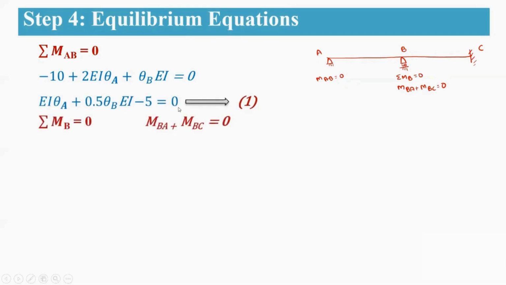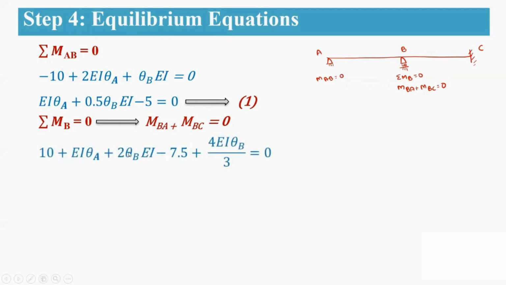And similarly, the moment at joint B, the summation will be equal to 0. So that means MBA plus MBC will be equal to 0. Therefore, this is 10 plus EI into theta A plus 2 theta B into EI minus 7.5 plus 4EI theta B by 3 will be equal to 0. So by simplifying the above equation, you are going to get this second equation.